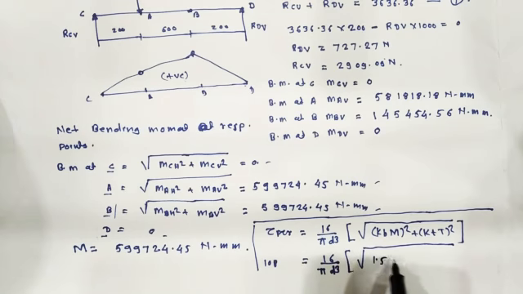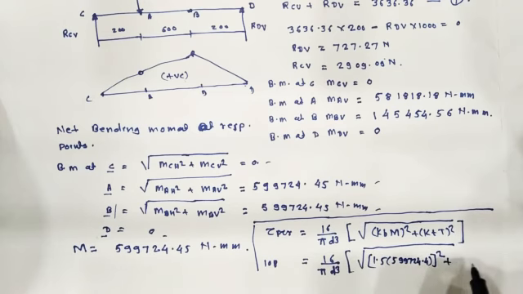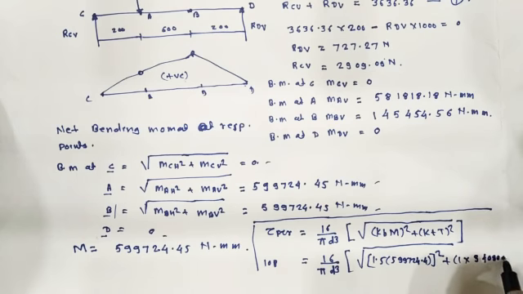Kb is equal to 1.5, the value of M is known, 599,724.45, so that whole bracket squared, plus Kt, where Kt is equal to 1, into T, the torque we already have, 340,909.09, bracket squared. This all holds under the root.